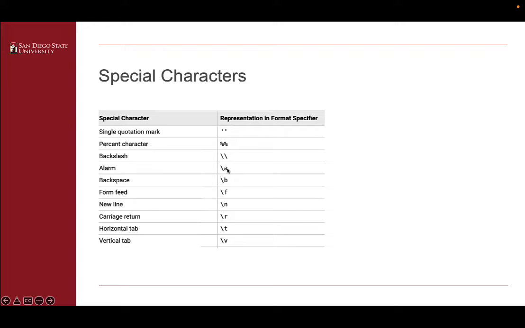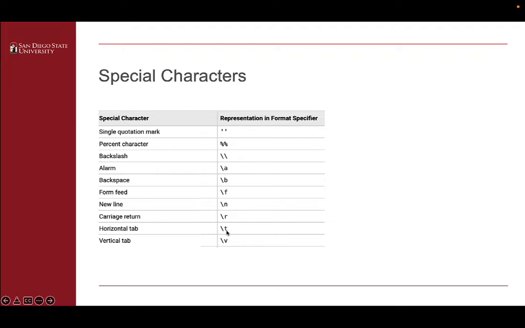And there's an alarm. Alarm will run your buzzer if you have one, or it won't. If you don't have one, it won't, or if you don't have permission for that, it will not. And there is a new line which is backslash n, and there is a horizontal tab.